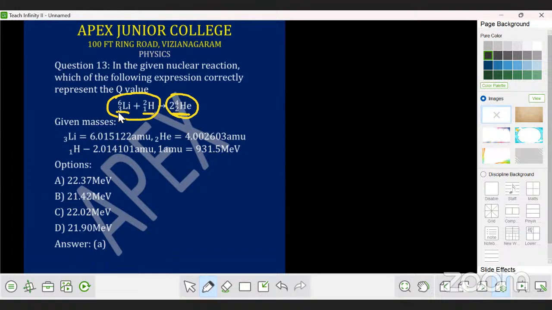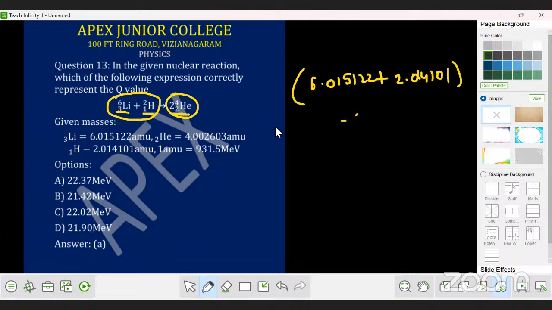So first we calculate the sum of these two. What is for lithium? 6.015122 plus for hydrogen 2.0, of course, 0.14101 given. That is total mass given. And in this total mass, you have to subtract the next one.